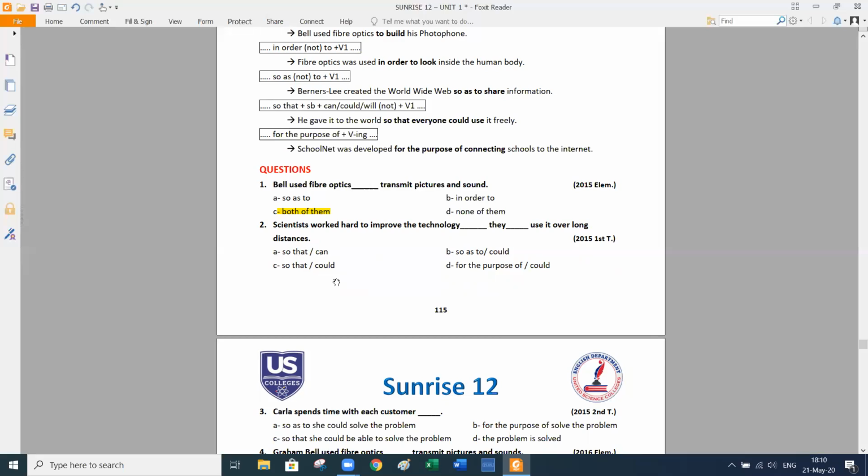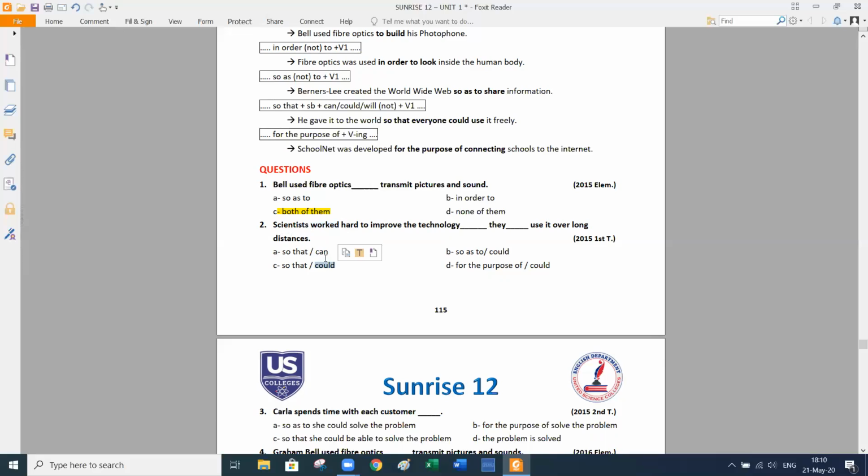So in that case, girls, you need to look at the tense of the sentence. Let's look. Scientists worked. As we can see, the tense of the sentence is past. So because it's past, we need to use the modal verb in past as well.